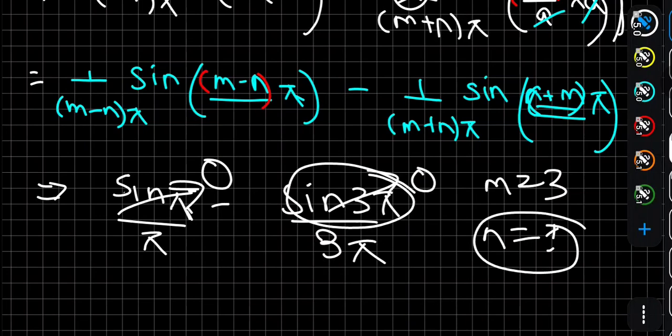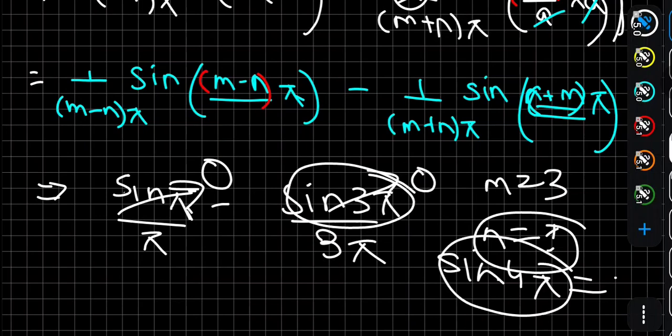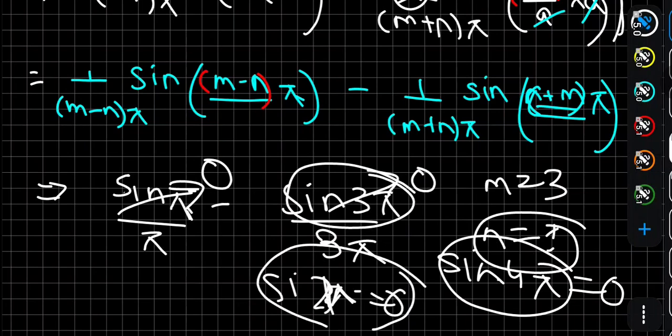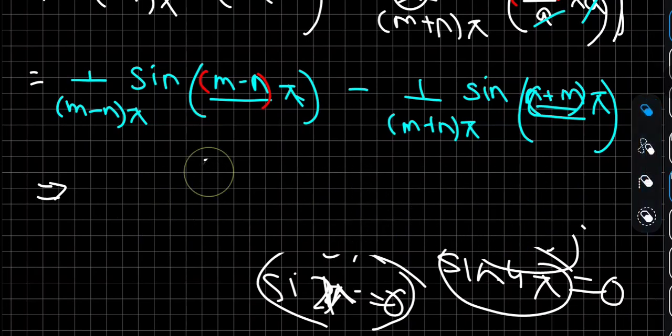Even though you put this down, you will put 3 plus 1 is 4, eventually you will get sine 4 pi, which is 0. Sine pi is 0, and any multiple of pi like 1 pi, 2 pi, 3 pi, 4 pi, all is 0. So what does that mean? It means that no matter what you put, if m is not equal to n, then you are getting this particular integral as 0.